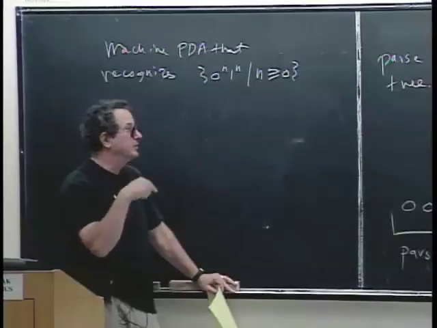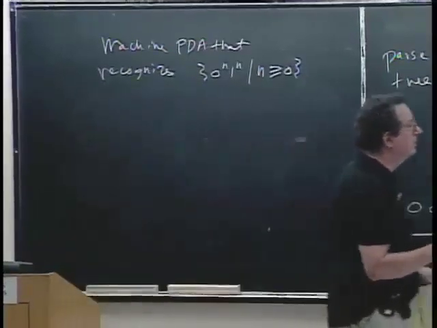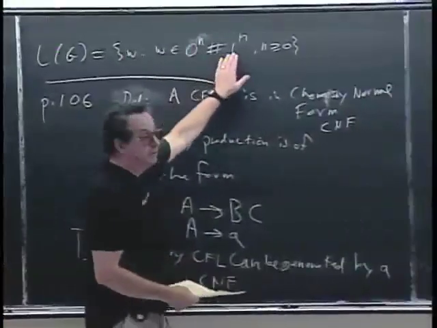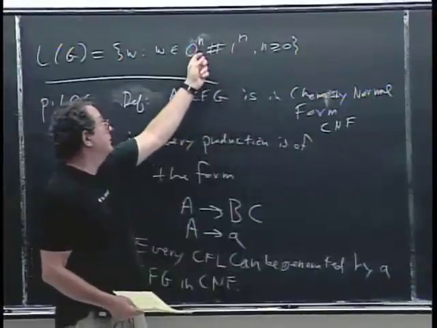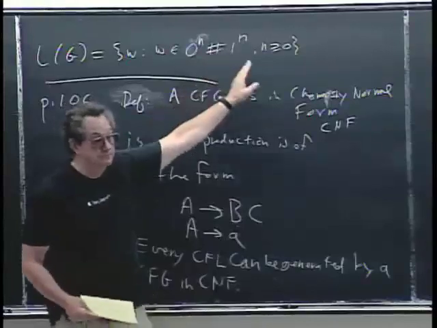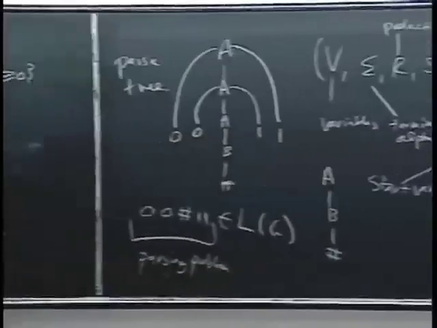Okay, this is the language 0 to the n, 1 to the n. But you are figuring out whether the number of zeros and the number of 1s is the same, because you're pushing all the zeros onto the stack, and then you're popping whenever you see a 1. And in the end, you're deciding whether the stack is empty.